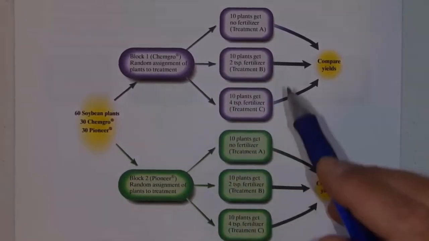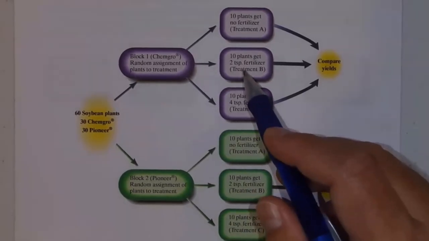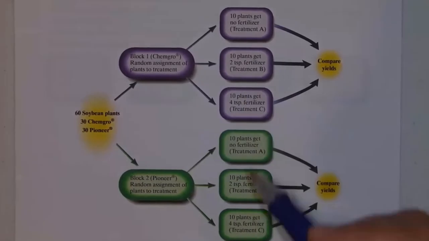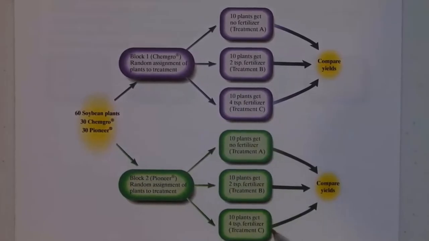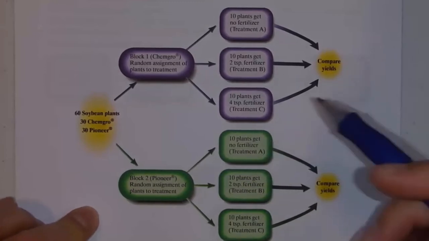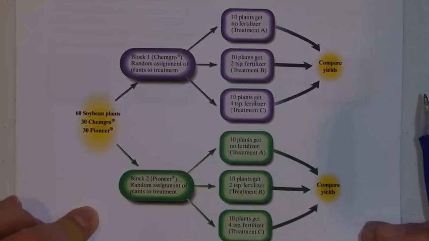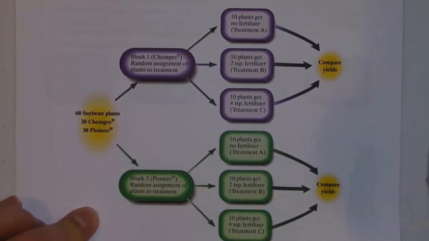But which one of those is better? Which produces the most? Well, it's possible that treatment B for Kimgrow is a better yield than treatment C for Pioneer. So if I was a farmer, I would probably want to buy Kimgrow plants and use the treatment B in the future, as opposed to using treatment C for Pioneer. But again, the purpose of this experiment was not really that. It was for seeing for each variety, what's the maximum amount of fertilizer that optimizes the yield.